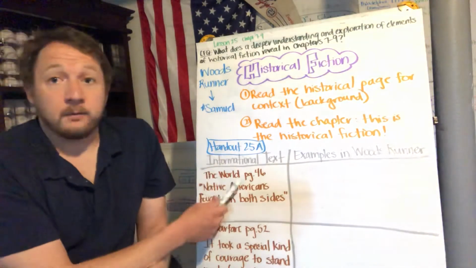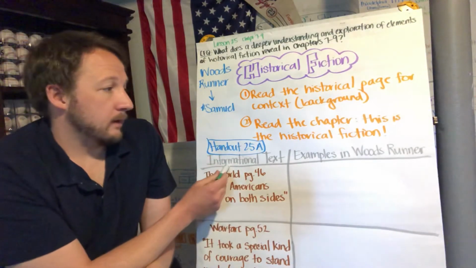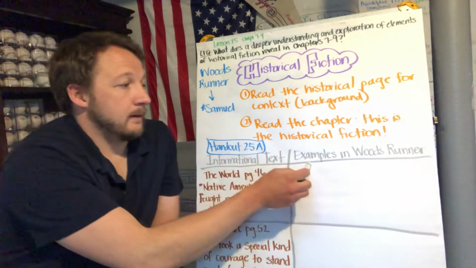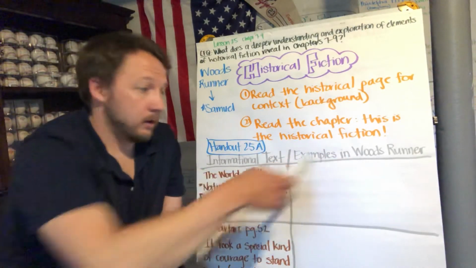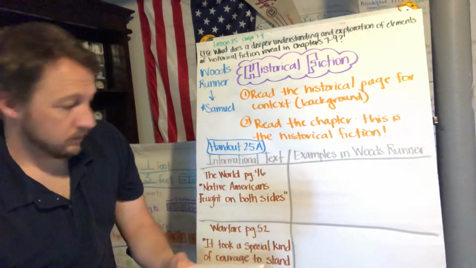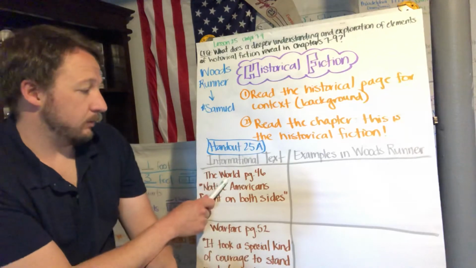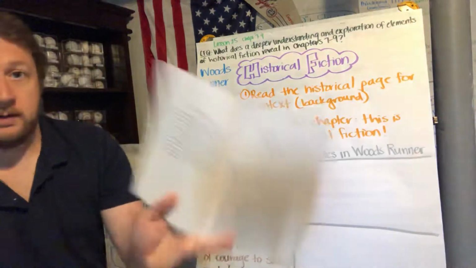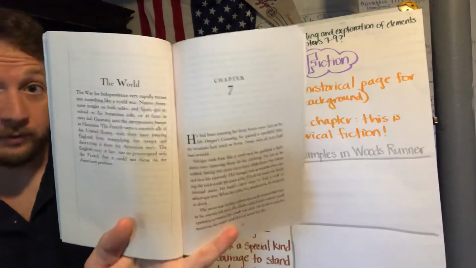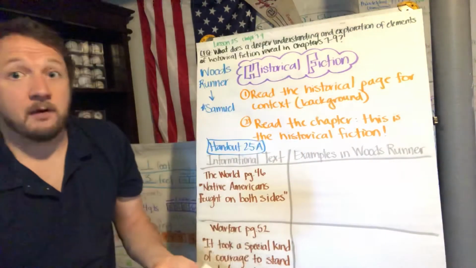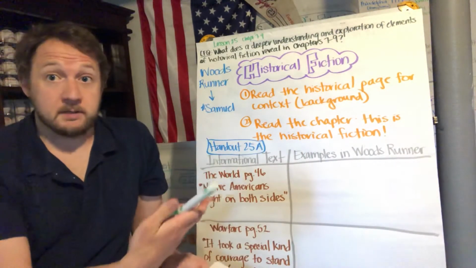You have two columns. You have informational text, and then examples in Woods Runner. And if you take a look, the first informational text that we read is the world, which is the informational text before chapter 7. So everything I've said to this point makes sense.